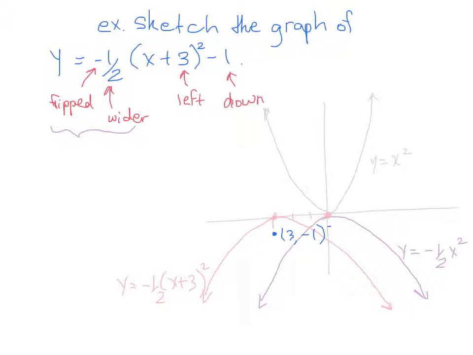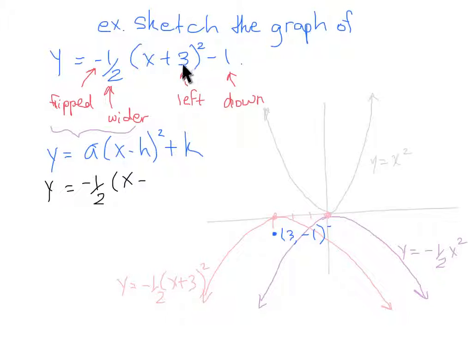All right, so quick shortcut here in order to figure out the vertex. You may appreciate this. Remember that our equation in vertex form was y equals a times x minus h squared plus k. Well, in this particular example, our a was -1/2. That doesn't really help us with the vertex, but the rest does. x minus, all right, if you check it out here, we have a +3.